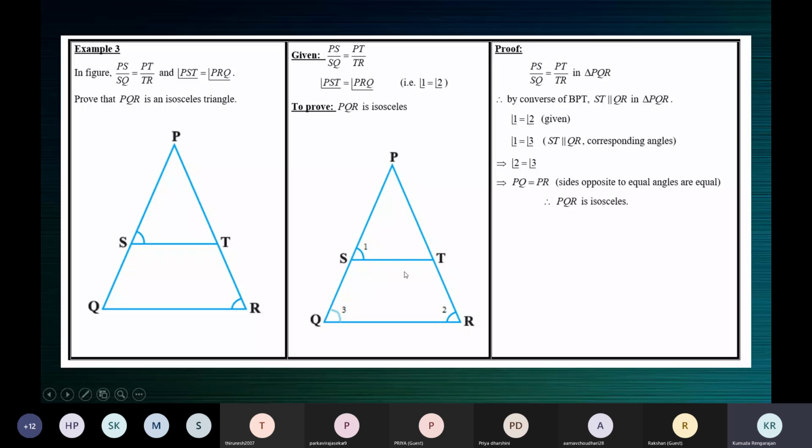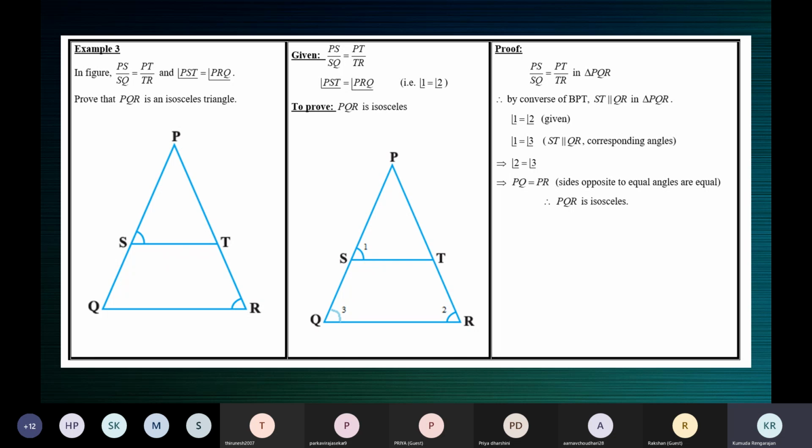For example, you'll be given that ST is parallel to QR, and PS is something like 3x minus 12, SQ is x minus 4, PT is 2x minus 6, and TR is 5.